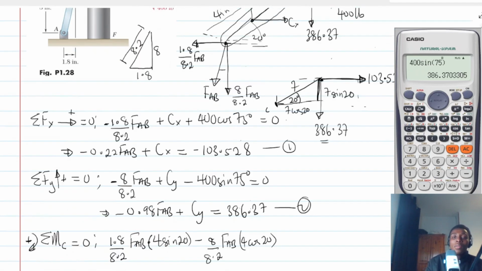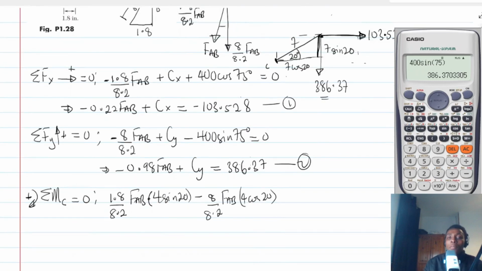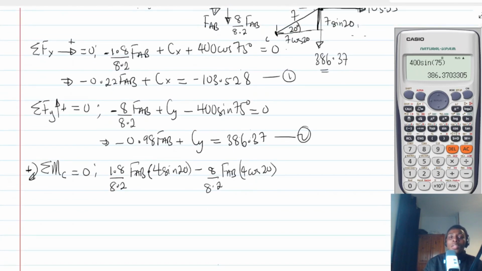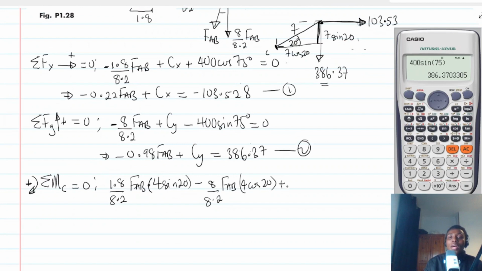All right. So the x component will be plus 103.53. Then I'll multiply it with the sine 20 part. For the x component, this one is going to give us clockwise.